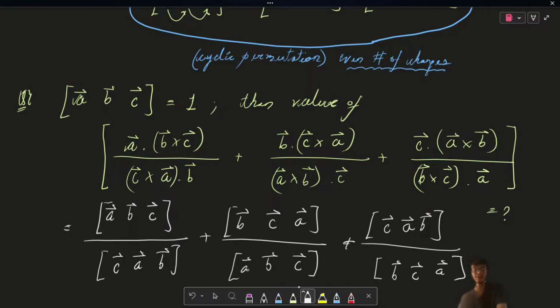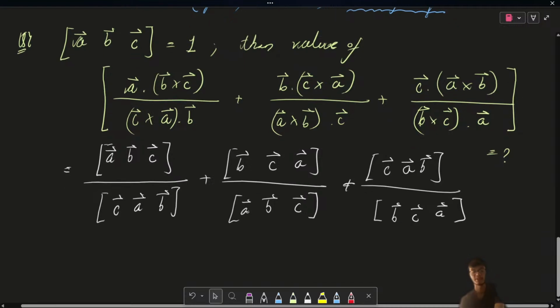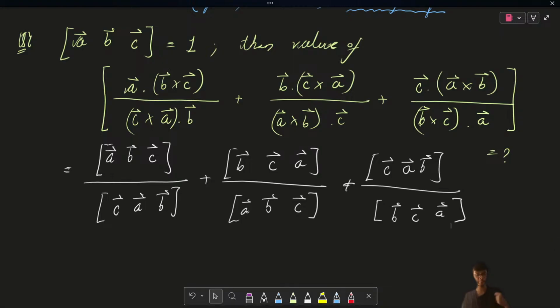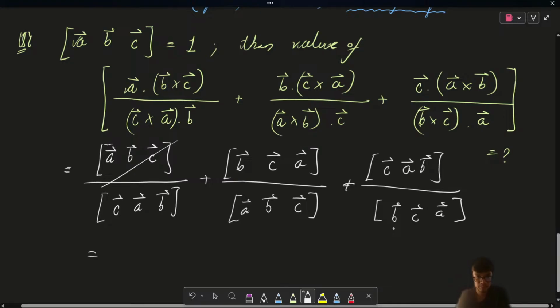If you recall the results that we have discussed in the property, the cyclic permutation of vectors in order will remain the same. The scalar product value remains the same. Therefore, this particular value is the same as this particular value. So this will be cancelled out, and we will have 1.